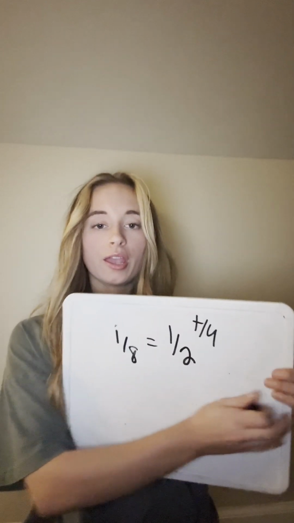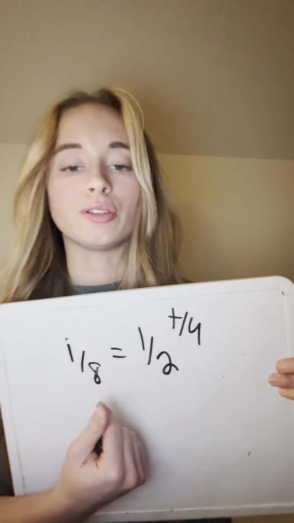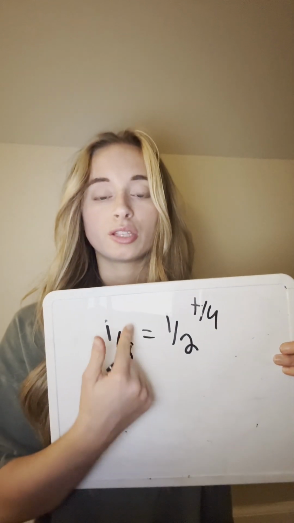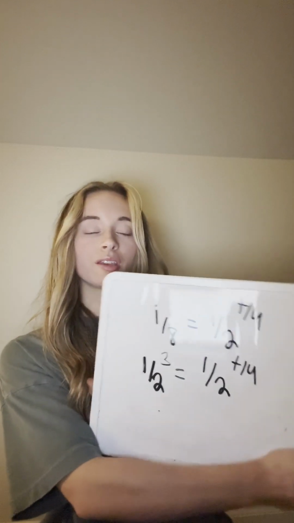From now on, we have to make this so that it has an exponent, so we can solve for the exponents. That's just an easier way of doing this. You could say 1/8 is the same as 1/2 to the third power, equals 1/2 to the power of t divided by 4. Now we can solve for just the exponents. So you get 3 equals t divided by 4.